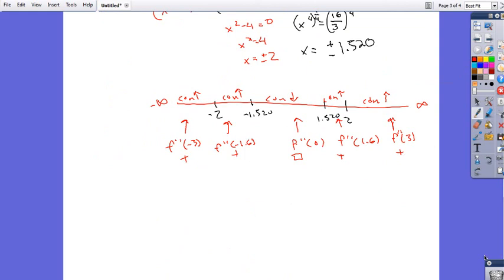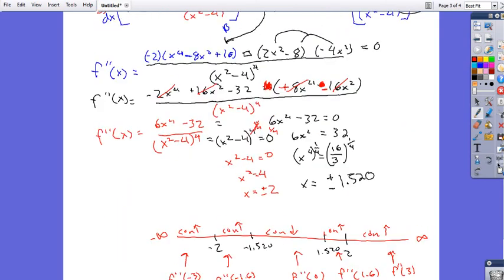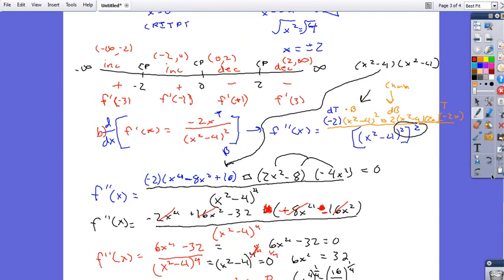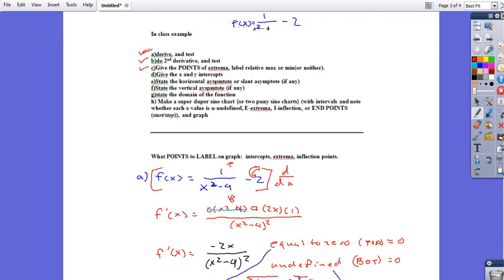Alright, so we want f of negative 2, and then f of 0, and then f of 2. Alright? Well, when you plug them in the original function, let's take a look at the original function because I don't have it. Alright? I'll rewrite it.